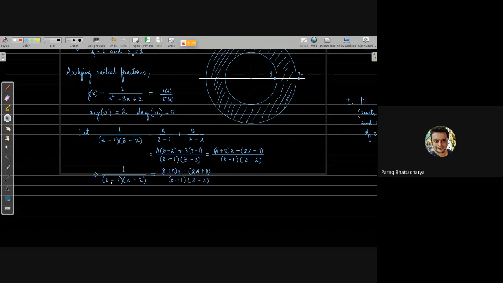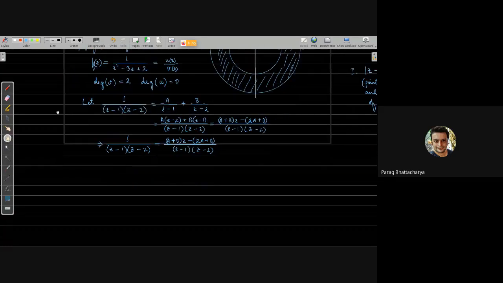And this implies that (A plus B) z minus (twice A plus B) is equal to 1, which can also be written as 0 z plus 1, right?